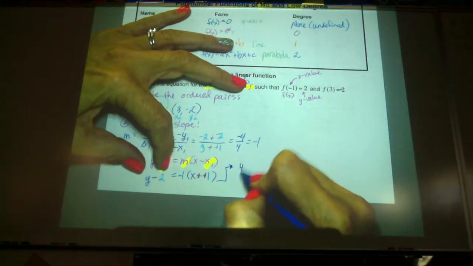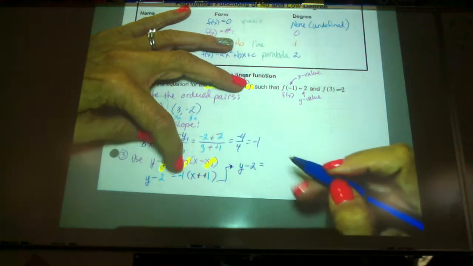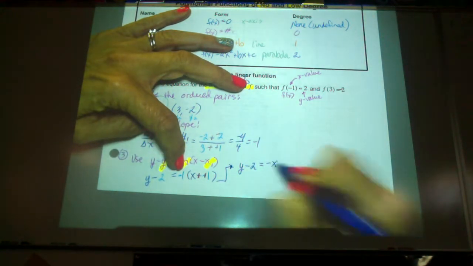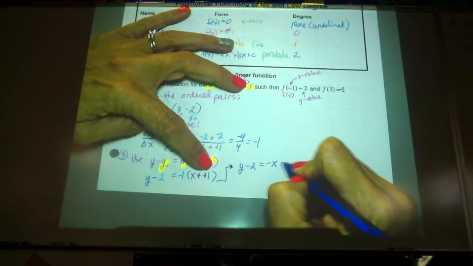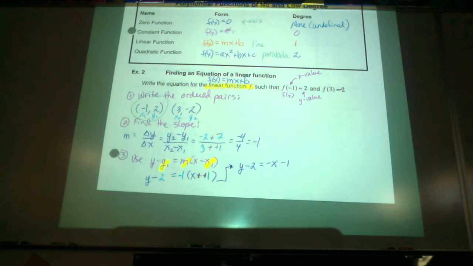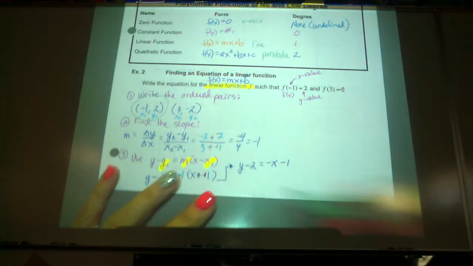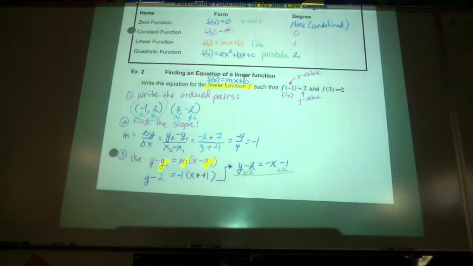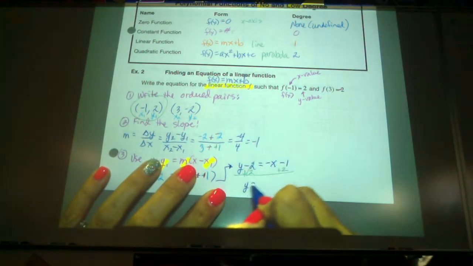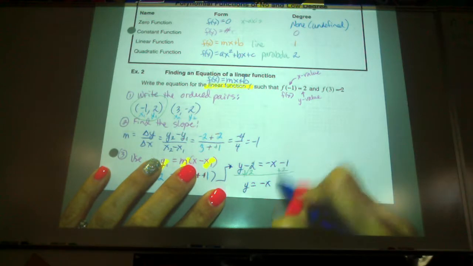So I get y minus 2 is equal to negative 1 times x is negative x. Negative 1 times 1 is negative 1. Add your 2. Y is equal to negative x plus 1.